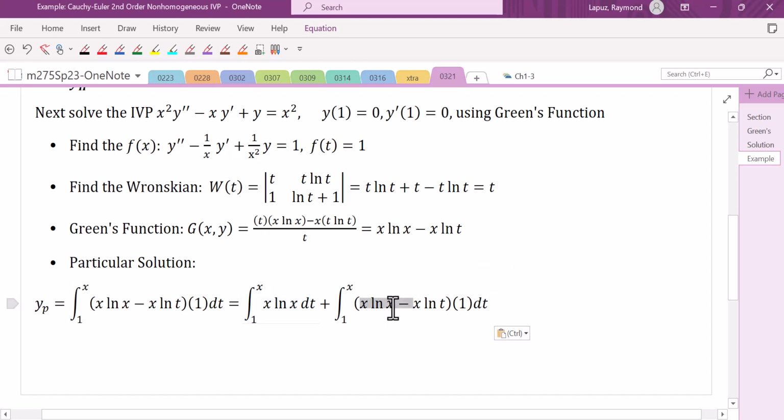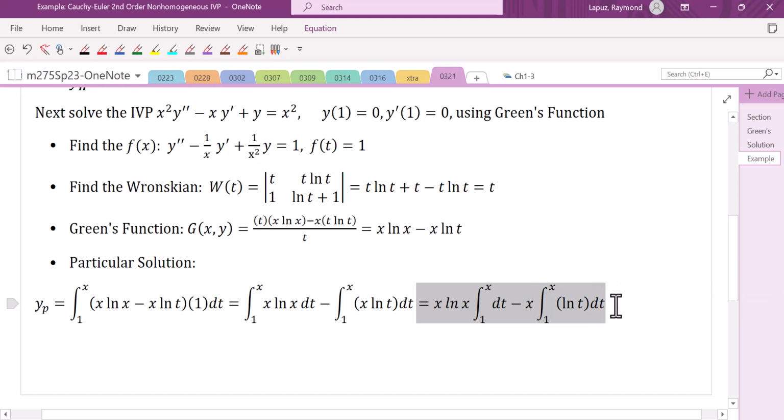And the second integral is going to be a minus, so let's put that negative out here and get rid of this negative, and then it's just going to be this term here, x ln t. All right, well, this is an integral with respect to t, so this ln x for the first integral is just constant, so let's move that out. This x here is a constant, so let's move that out. And then we're just integrating. The first one is just t, and then the second one is going to be whatever the integral of ln t is.